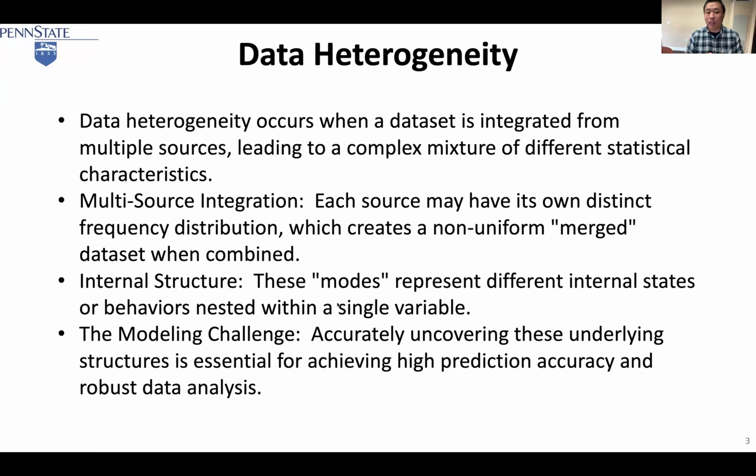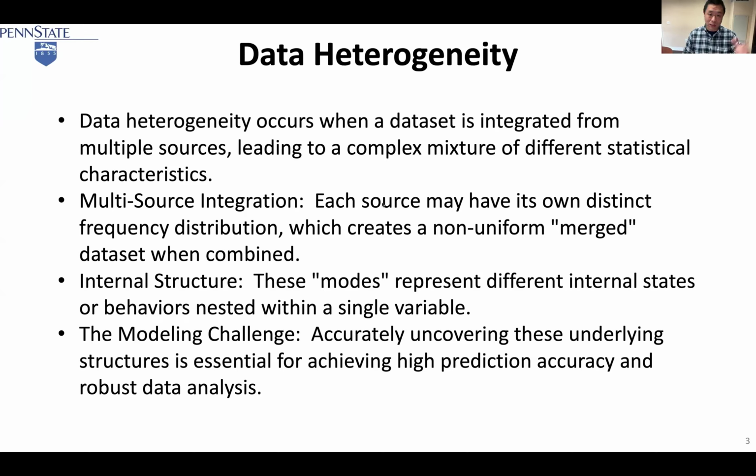Instead, we integrate data from different sensors, different laboratories, and different platforms, and each has different noise and different biases. So when you merge these different sources together, you should consider this, otherwise your model prediction is not very accurate.